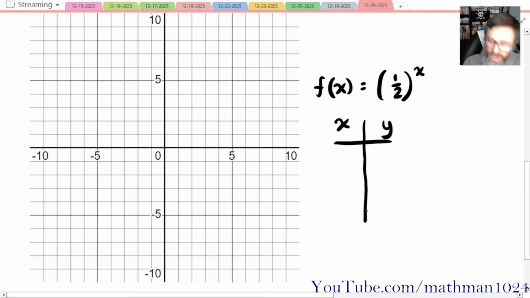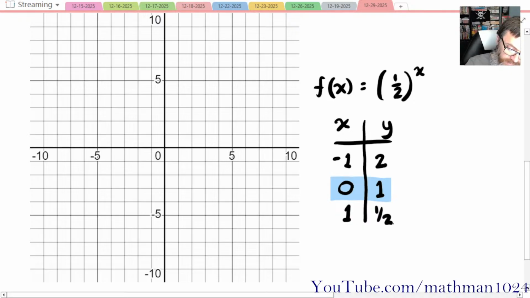Now, what we saw before is that if I plug in -1, I'm supposed to get the reciprocal of the base. So if the base is 1/2, the reciprocal is 2. And then there is the old standby. If I plug in 0, I should get 1, because anything to the 0 power is 1, except 0 to the 0. If I plug in a power of 1, I should just get that base that we see, which is 1/2.